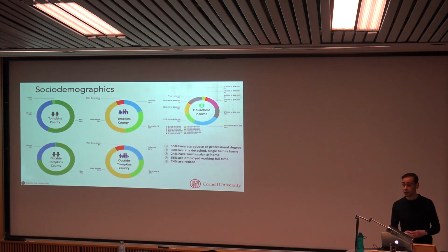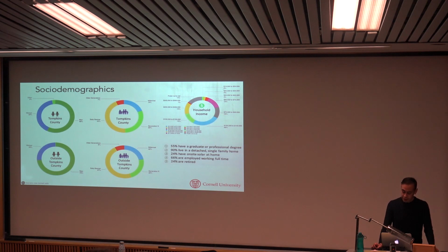Here we have some sociodemographics of our respondents. We have some differences within Tompkins County and outside of Tompkins County, and it's relevant to make this distinction because we'll see that consumers within Tompkins County actually have a different reaction and attitude toward the environment and energy savings than outside of it. They are more concerned about the environment, actually, residents of Tompkins County.